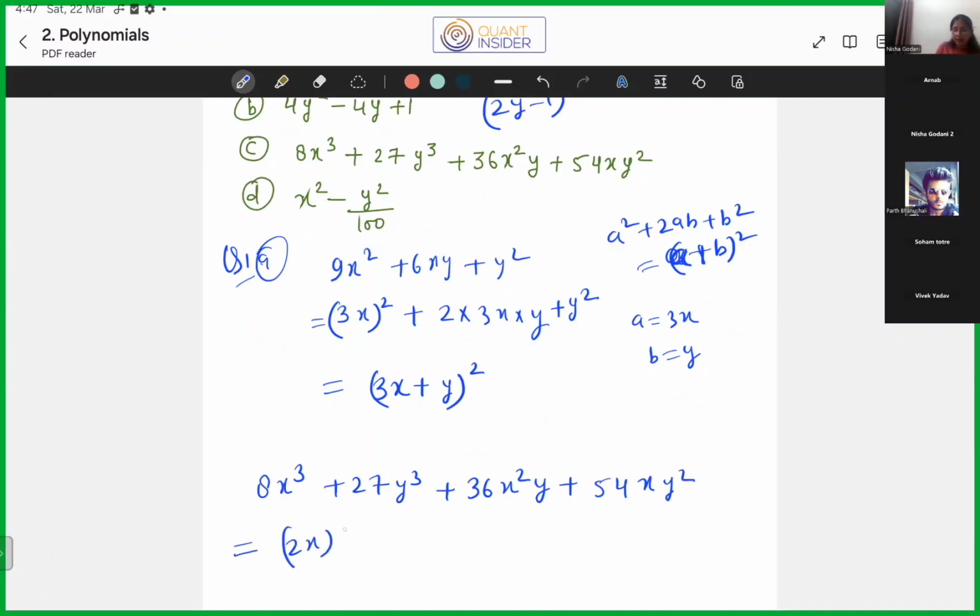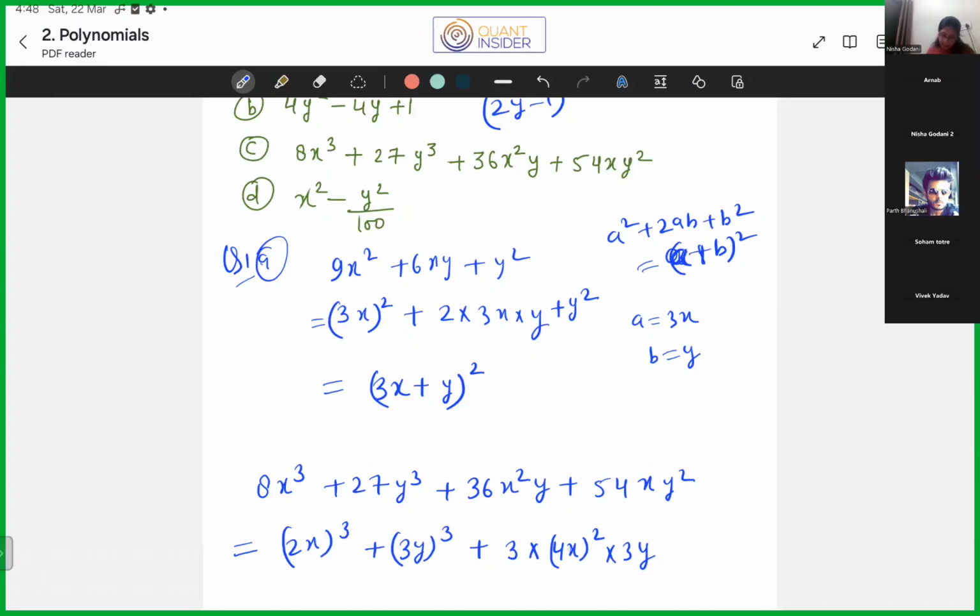Another one is 3y whole cube. Then next is what? This is 3 into 4x square into 3y.